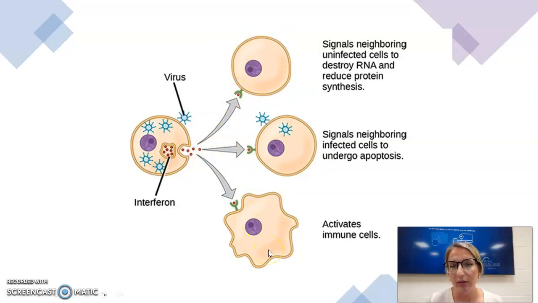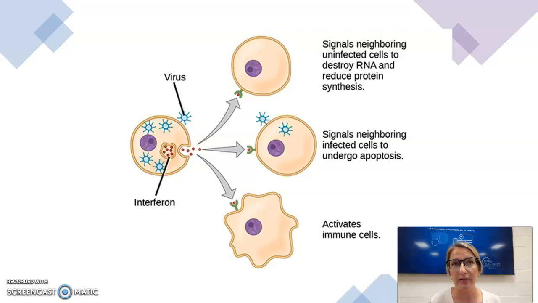It can work in several different ways. Sometimes when our cells see interferon, it alerts them to produce proteins that are antiviral, so if they become infected with a virus, when the virus enters the cell, those proteins can actually degrade the virus. So the cell would initially get infected by the virus, but then the cell would be able to release proteins that would destroy the virus, so the virus wouldn't be able to take over the cell.